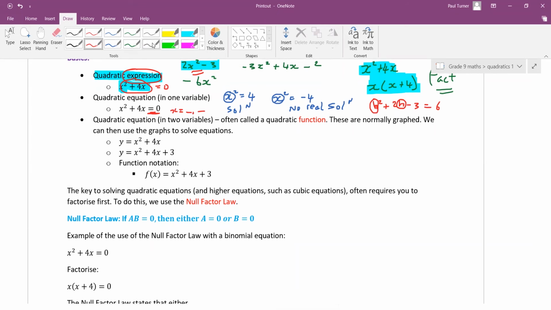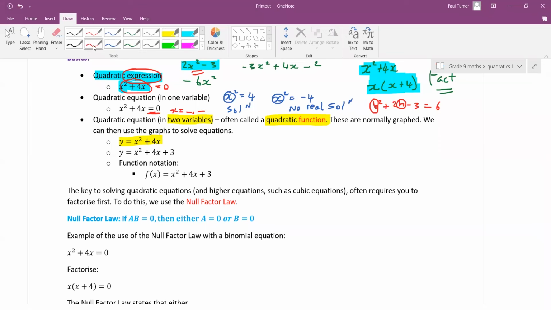But equations that have 2 variables like this, these are also called functions, which I use this word a lot in grade 10, function. Okay, and you're going to see more on that later. So don't worry about this terminology, but I may use it sometimes. I might call it a quadratic function, but it's the same thing as what's written here.